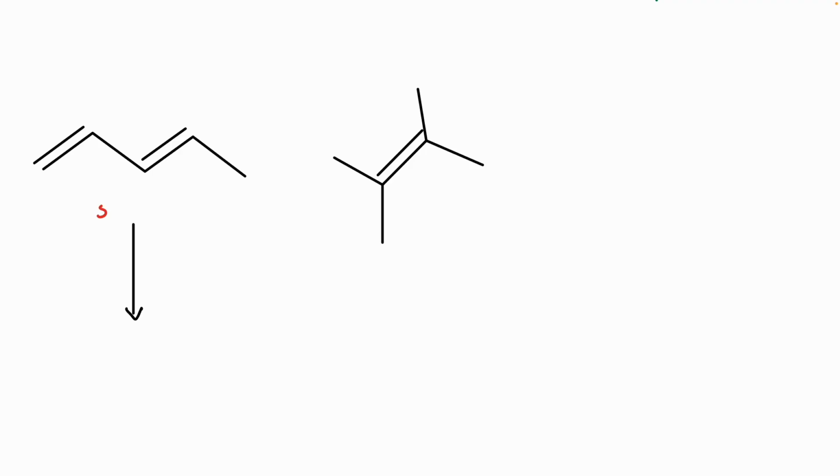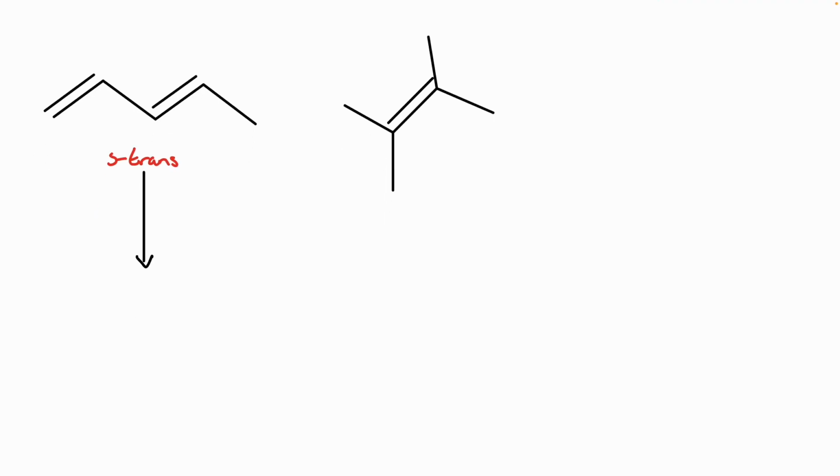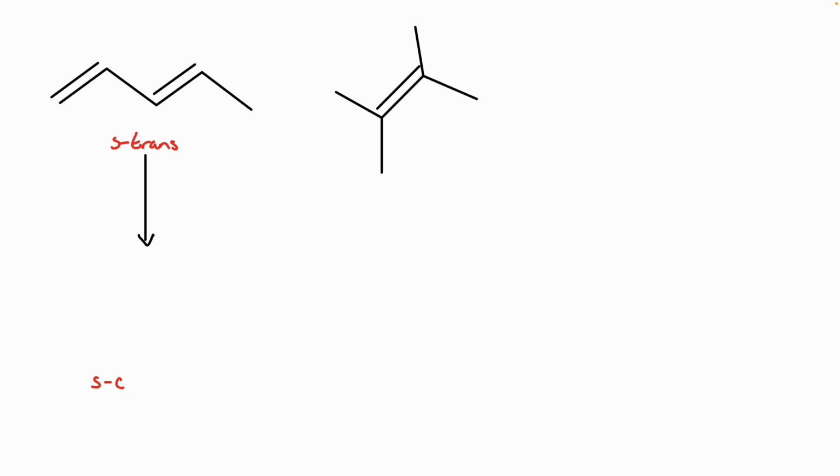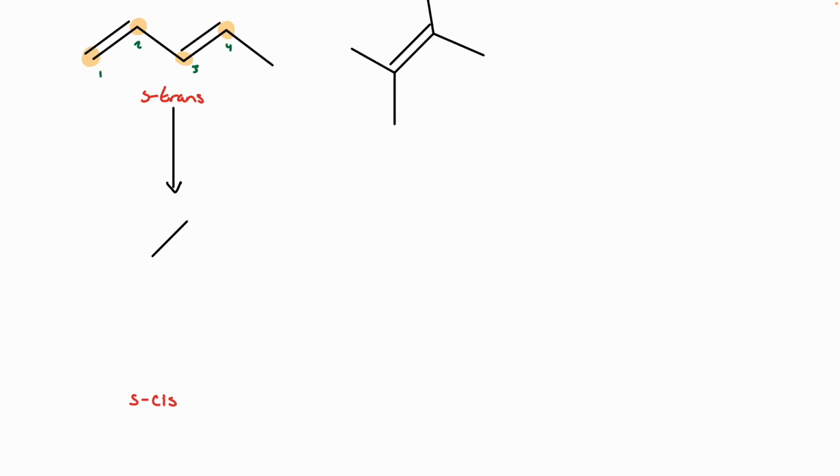Again, this is what we call the S-trans conformation. We want to rotate this into the S-cis conformation. All right, we can do our same idea here. We know it's these 4 carbons that are involved in our reaction. So we can start by drawing those 4 in our conformation that we need.